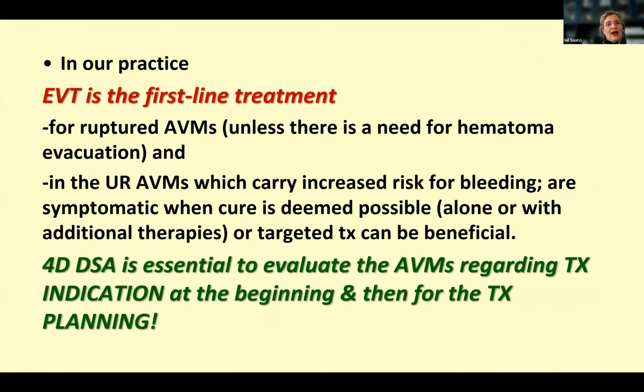So in our own practice, endovascular treatment is the first-line treatment for ruptured AVMs unless there's a need for hematoma evacuation. And in the unruptured AVMs, which carry increased risk for bleeding or are symptomatic, when cure is deemed possible, either alone or with additional therapies, or if we can provide any benefit in a targeted treatment, then we also do endovascular treatment.